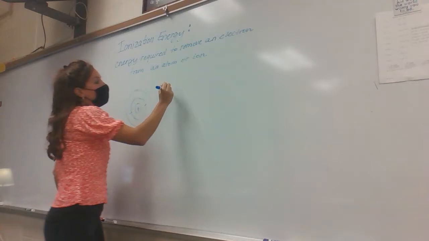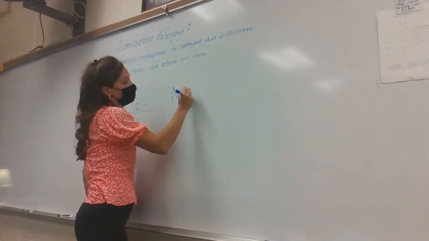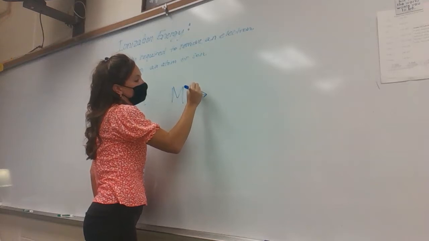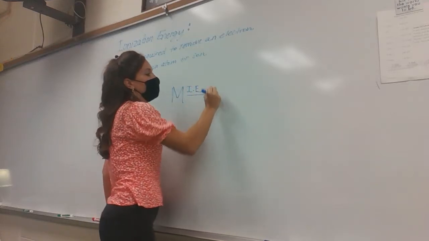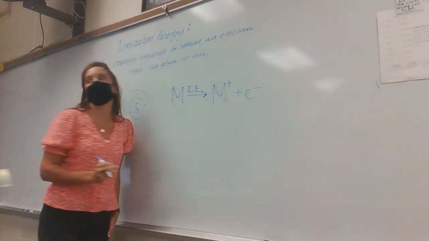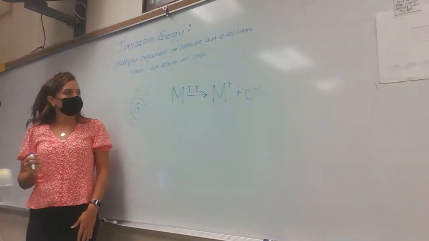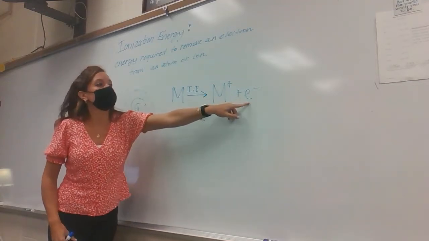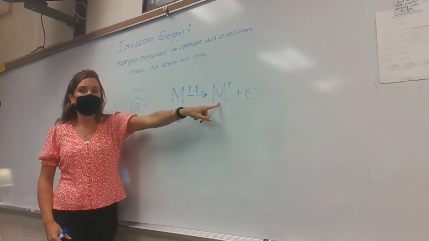So if we're looking at a metal that I supplied the ionization energy to, it becomes a positive ion and a free electron. It lost an electron, so now it has a positive charge.